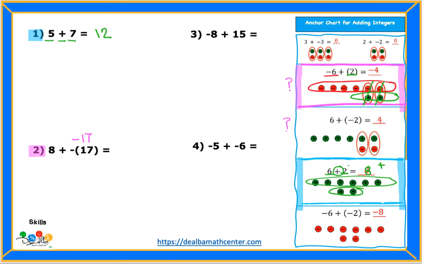Basically, they disappear. So the answer must be the integer for the chips that we got more, or for the integer that has more absolute value. In this case, we got more negative chips, so our answer is negative. Or we say we have more absolute value for negative 6.